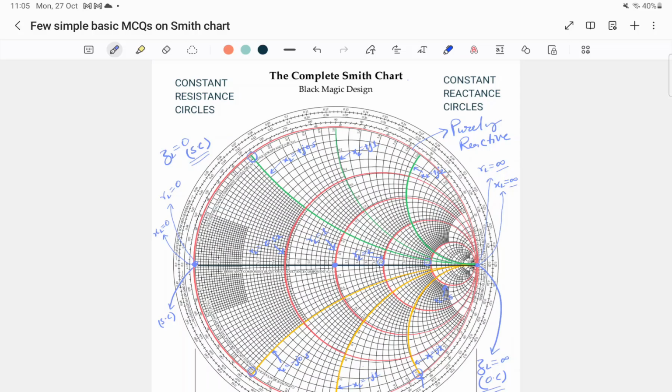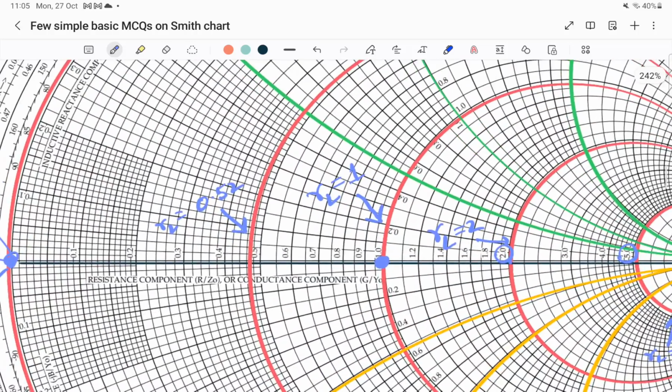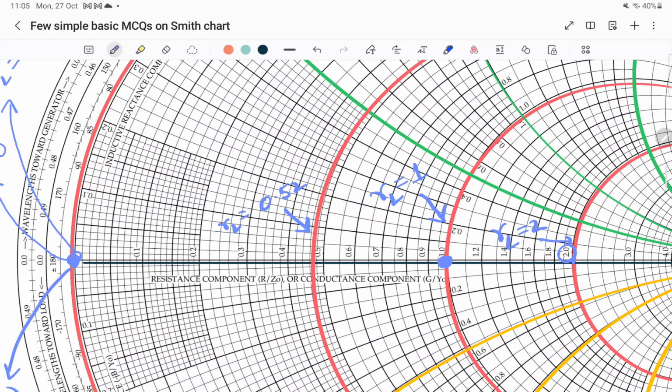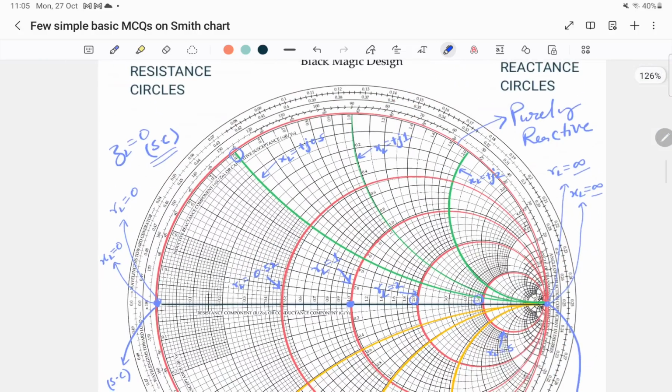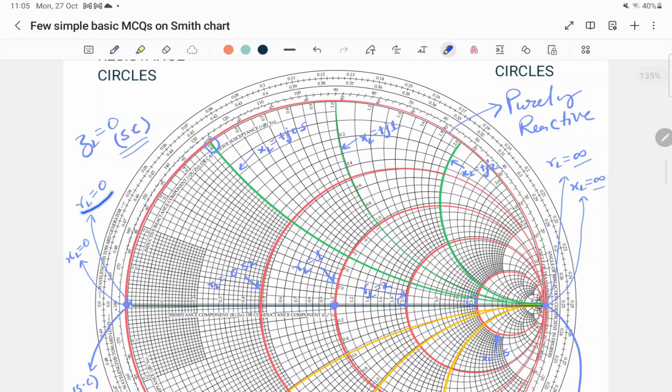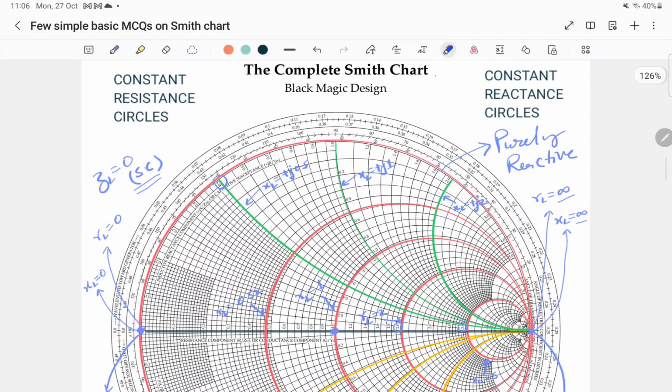Because the value of resistance is 0 in this circle. The value of resistance was initially 1 at the center, and when we moved towards the left side, it became 0 at this point. So this is a circle of zero resistance, and that is why we call it a purely reactive circle.